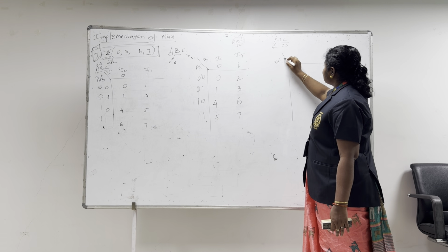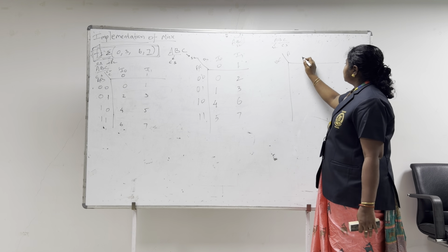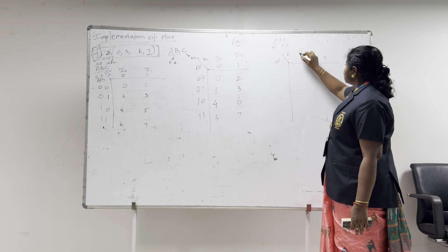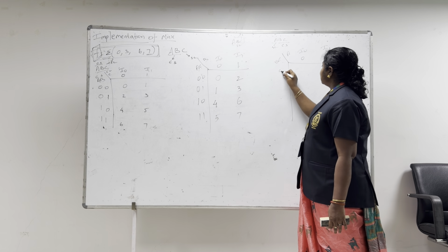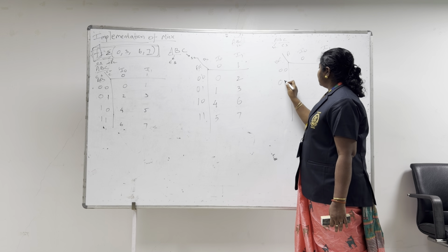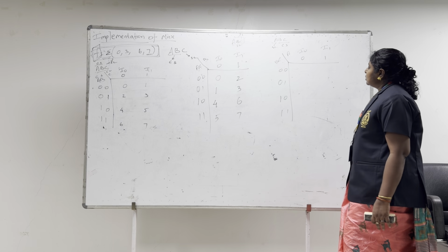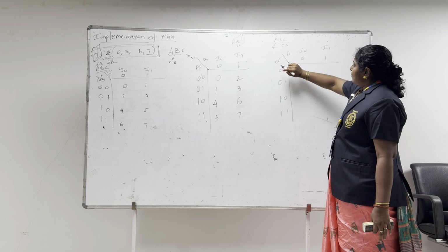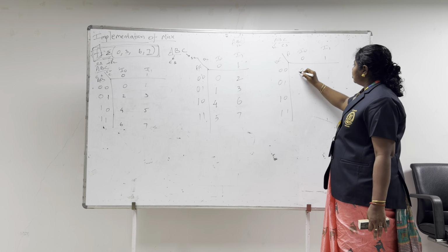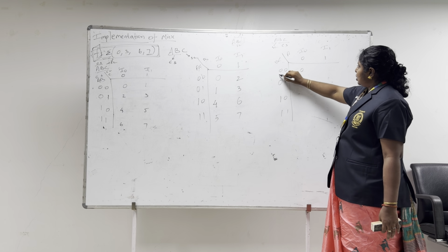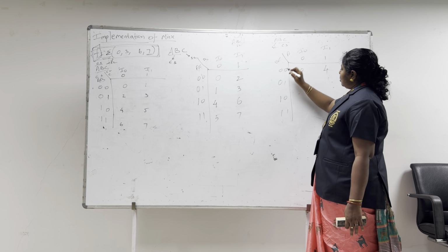B C as my control signal and A as my select line. Okay, so here single bit 0 and 1, this is I naught, this is I1, right? Here it is 0 0, 0 1, 1 0, 1 1. Okay, so the same way, A over here, B and C over here, therefore 0 0 0, and 1 0 0 is 4, and here 0 0 1.